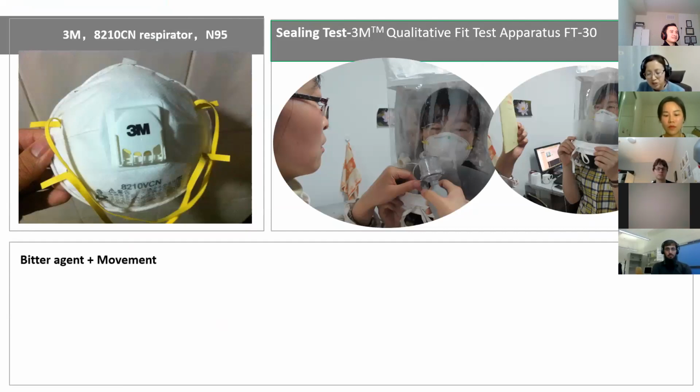We need to make sure the respirators are sealed and fit the face very well, with no air leakage.